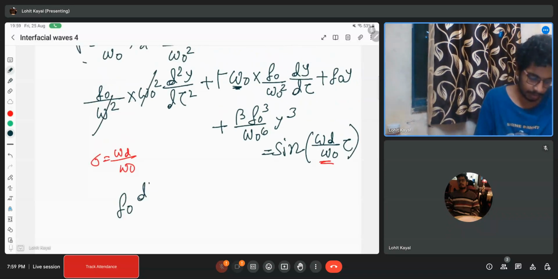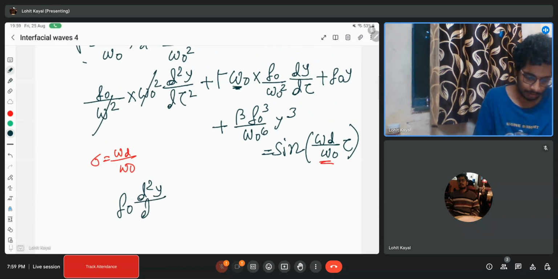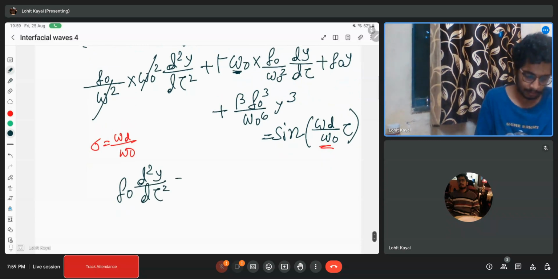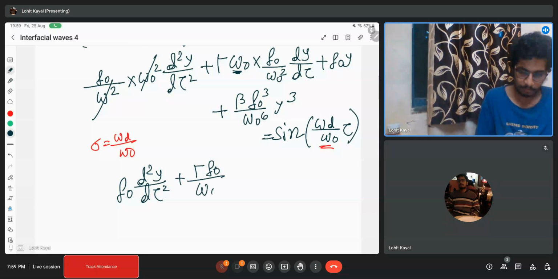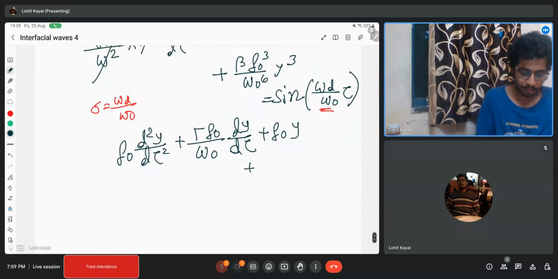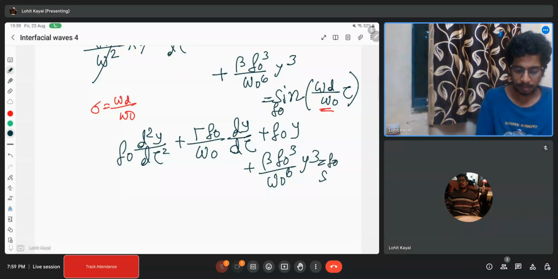Now from here it will get cancelled. F naught d2y d tau square plus gamma f naught by omega naught dy d tau plus f naught y plus beta f naught cube by omega naught to the power 6 y cube, f naught is multiplied here, equal to f naught sine sigma tau.